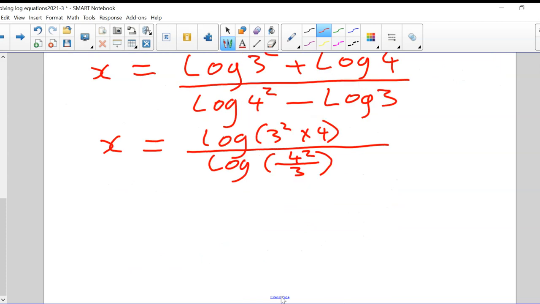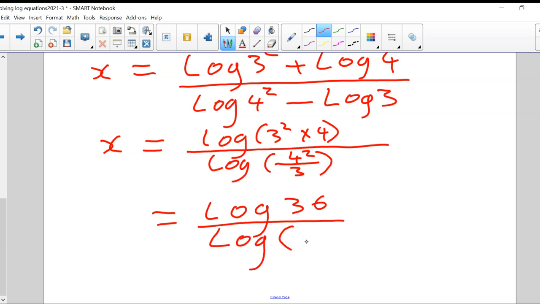All right, have I lost anybody on that? The log of a quotient is the same as the difference of the logs, which means the top of this will be the log of, let's see now, 9 times 4 is 36, over the log of 16 over 3.